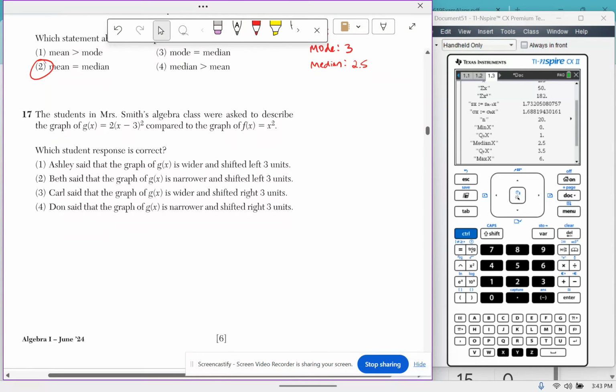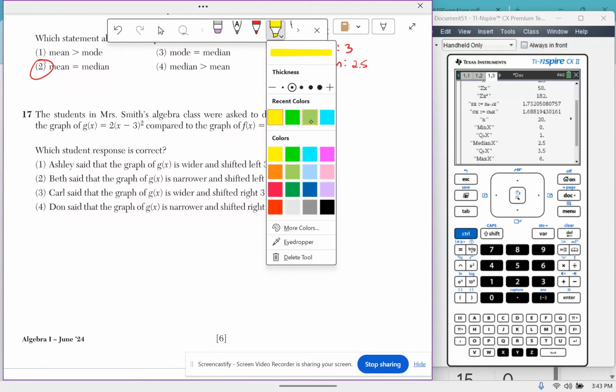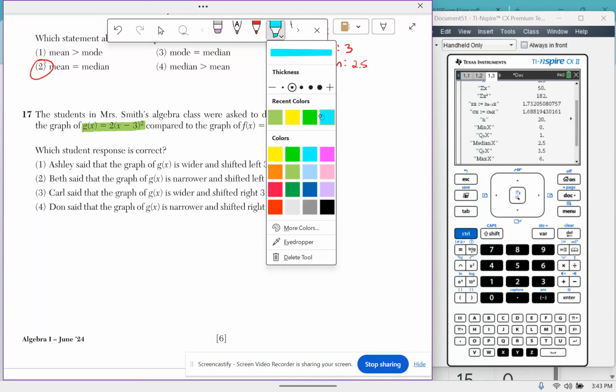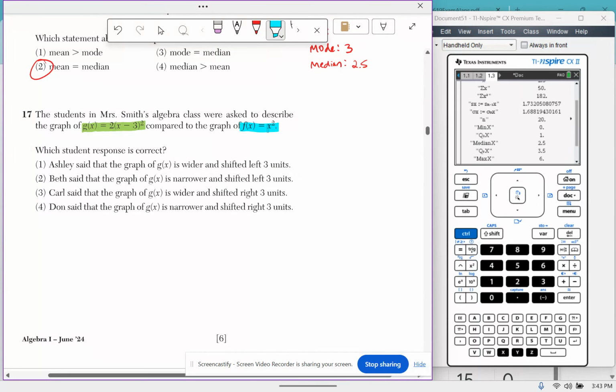Question 17. The students in Mrs. Smith's algebra class were asked to describe the graph of g of x equals 2 times (x minus 3) squared compared to the graph of f of x equals x squared. It looks like we have a 2 out front, so that is going to make the graph narrower.